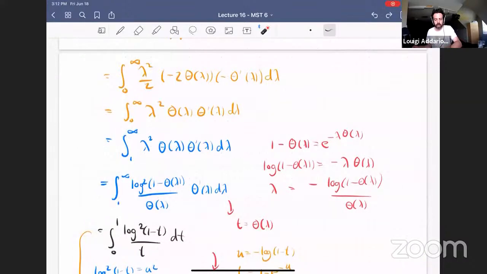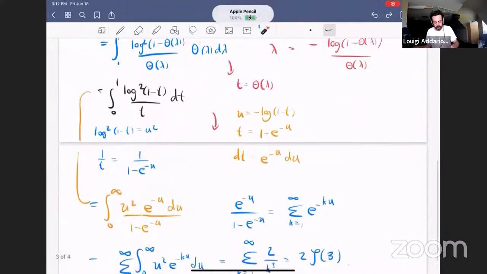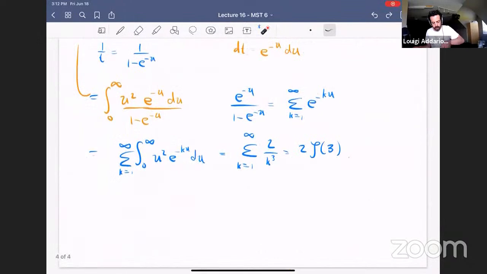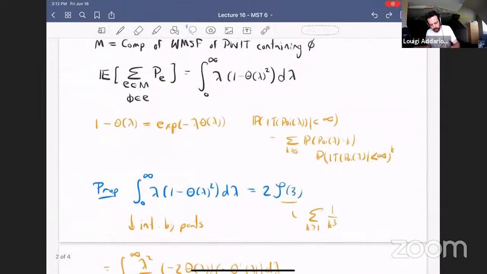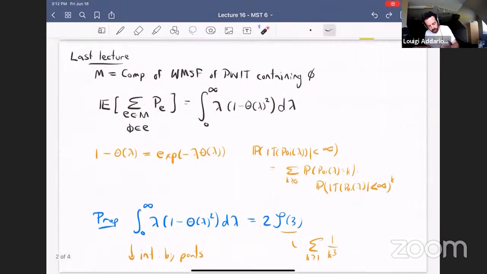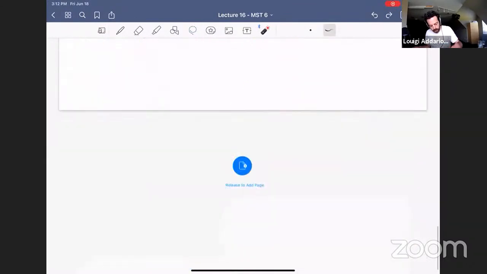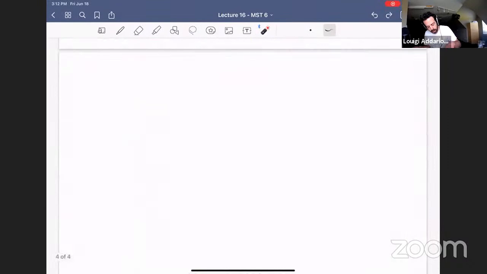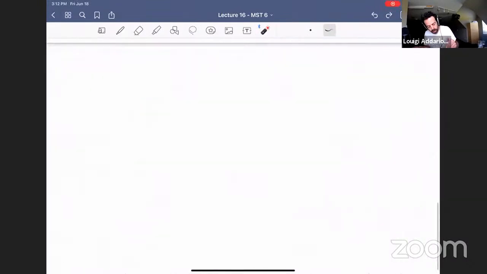Okay, so we now know this fact, that this is the expected total weight incident to the root in the component of the wired minimum spanning forest containing the root of the Poisson weighted infinite tree.